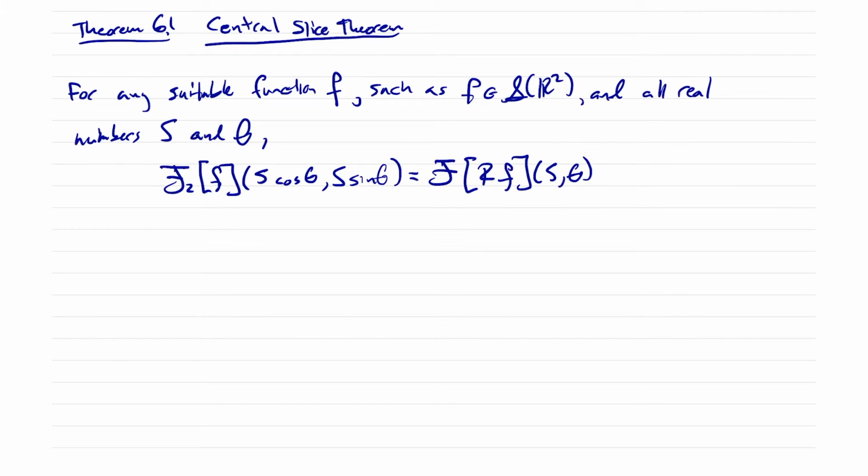Okay, so that is the central slice theorem, and this is one of the fundamental bits that lead us to the ability to invert the Radon transform. The first step is going to be to prove this, and then the next one is going to be the proof of filtered back projection giving us the original function back.